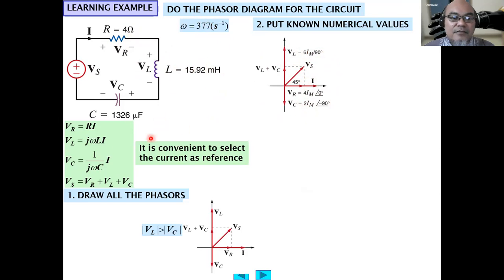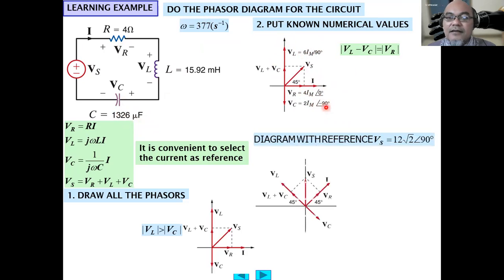And Vc we obtain from 1 over omega C at minus 90 degrees: 1 over 377 times 1336 microfarad, we obtain 2. So in this case, we see that VL is larger. VL minus Vc equals the magnitude of VR. 6 minus 2 equals 4, right?